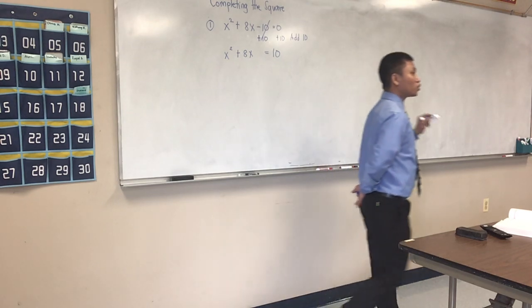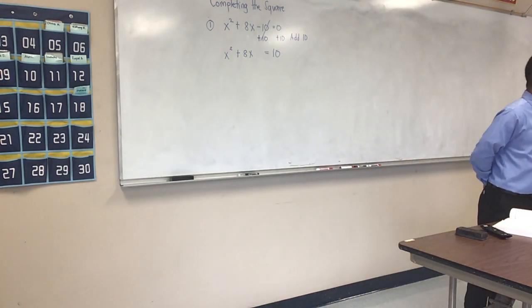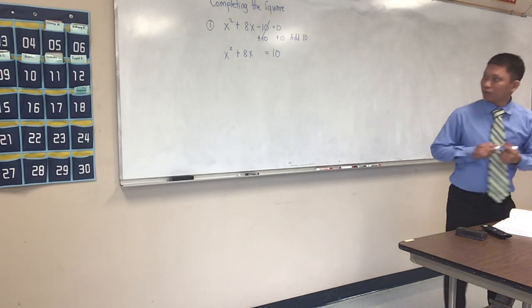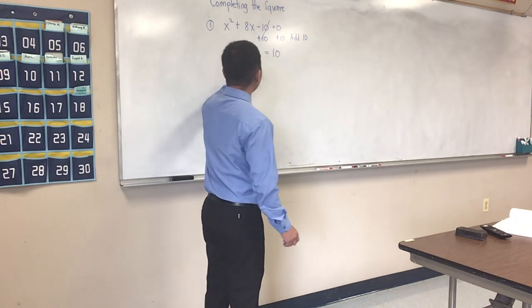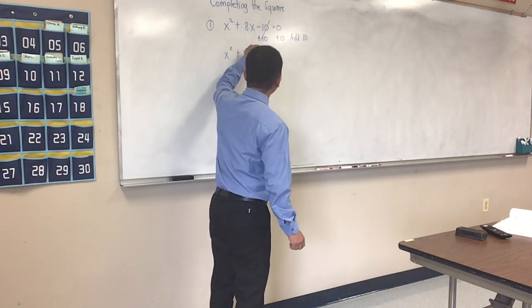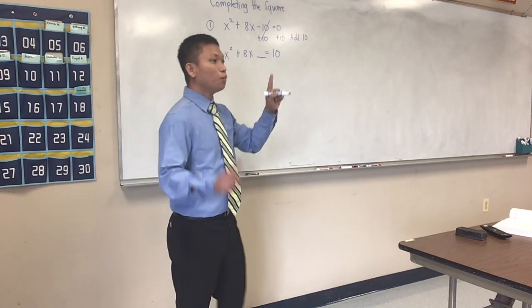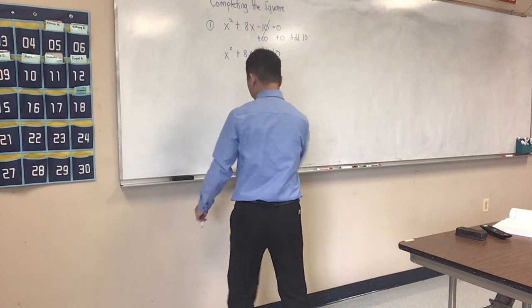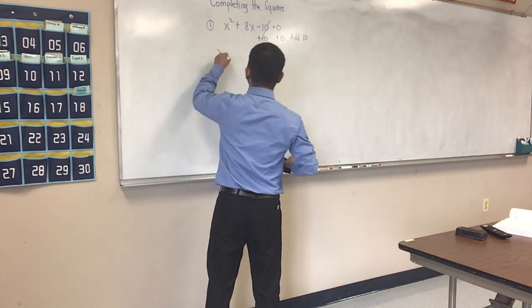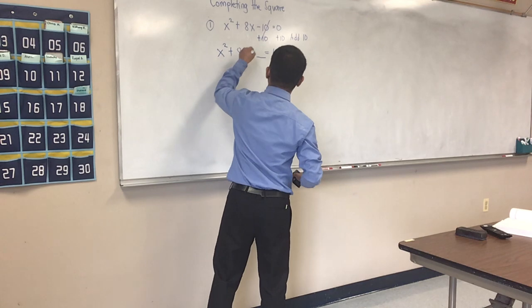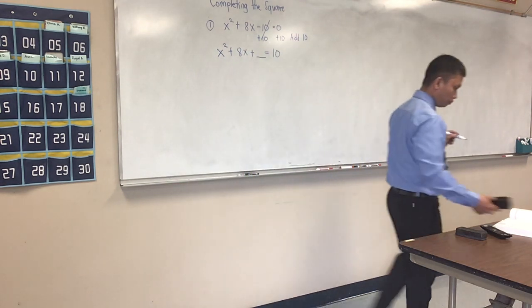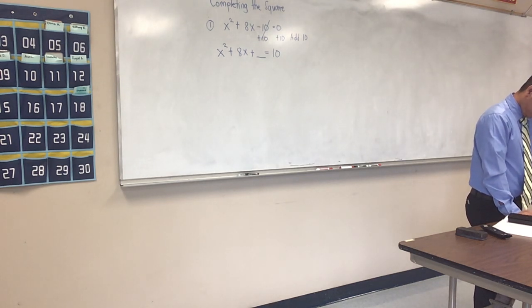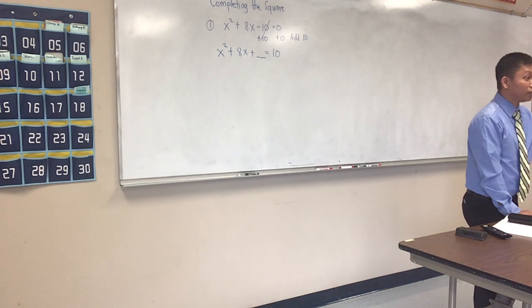Our goal now is to solve for x through the use of completing the square. Since we have x squared plus 8x equals, we are now missing the last term. By completing the square, what would be our last term here? 16, right?